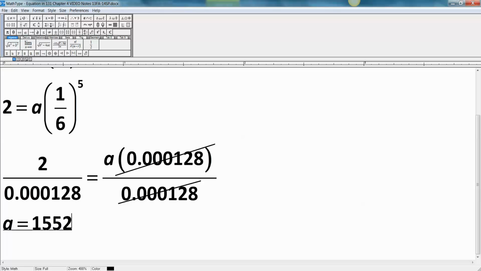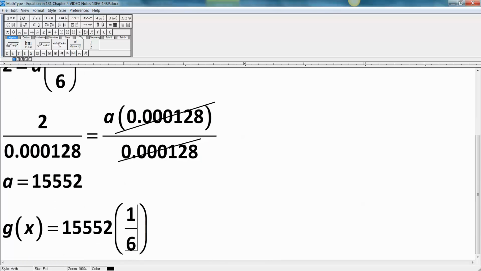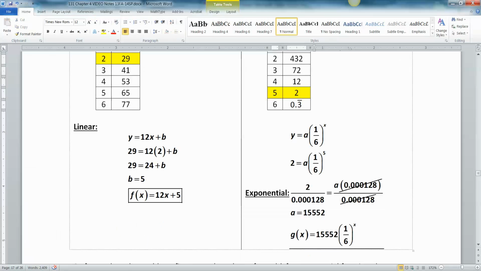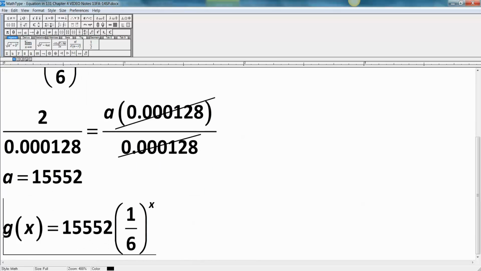It actually worked out perfectly. So then we know the equation is g of x is equal to 15552 times 1/6 to the x. And there's our final result. Oh, I better put that in a box because that's the final answer down here.